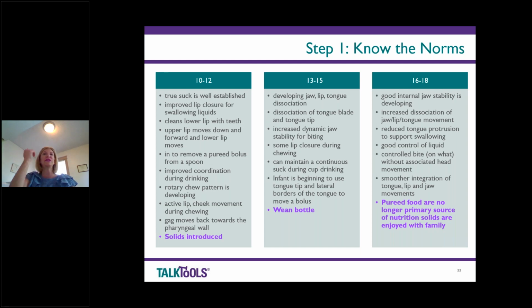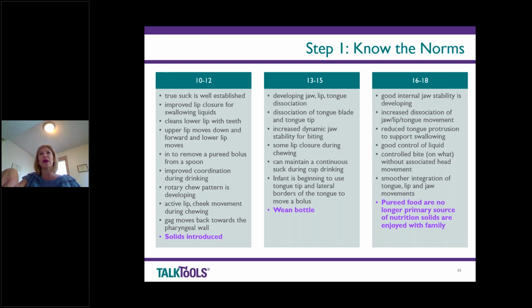Then at 13 to 15 months, this is the absolute latest, bottles should be weaned because if they can maintain continuous drinking with a cup or with a straw, they don't need a bottle. Breastfeeding is different. Breastfeeding has a positive impact on orofacial development, but bottle feeding can have a negative impact if it's prolonged. 16 to 18 months, purees are no longer the primary source of nutrition.